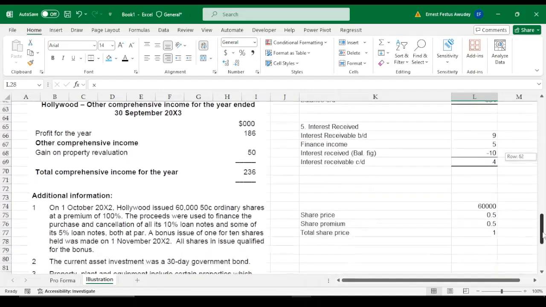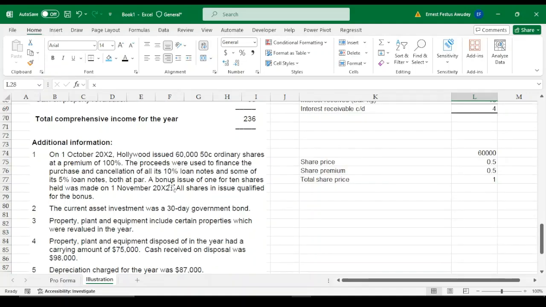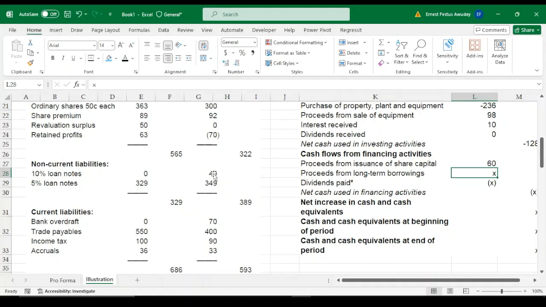It says that the proceeds were used to finance the purchase and cancellation of all of its 10% loan notes. So all of it. It means that the loan notes at the beginning of the period have been paid off. What is our 10% loan note at the beginning of the period? All of it has been paid off. That is 40 here, so I'll have negative 40 because you have paid it off.